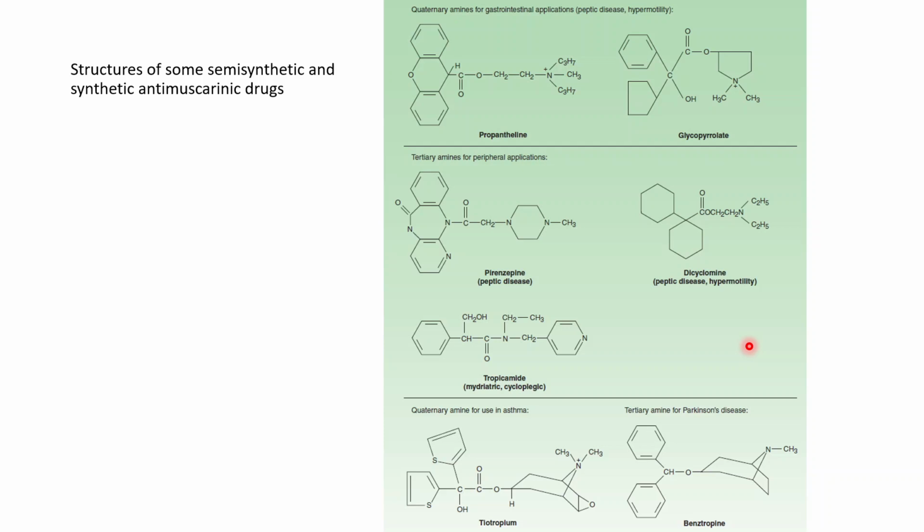Also, the quaternary amines have fewer central nervous system effects, and they have been developed to reduce peripheral effects and to reduce the adverse effects on the central nervous system, like for example tiotropium. And tiotropium is used for the treatment of asthma.